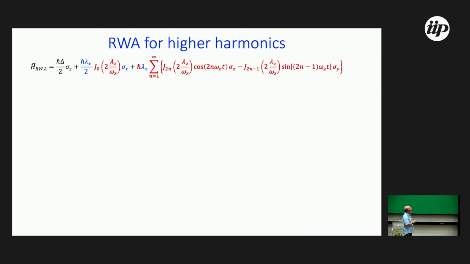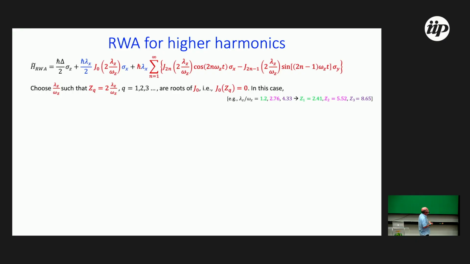But what about the other peaks? Then you have to do the same thing, the same rotating wave approximation, but for the higher harmonics, right? And then we introduce this kind of parameter here, because you see this part here. For the sake of simplicity, I'm sitting now at the 0 of the Bessel function.